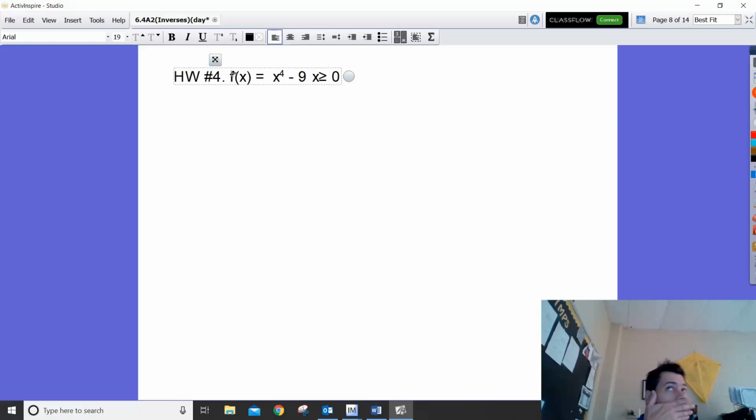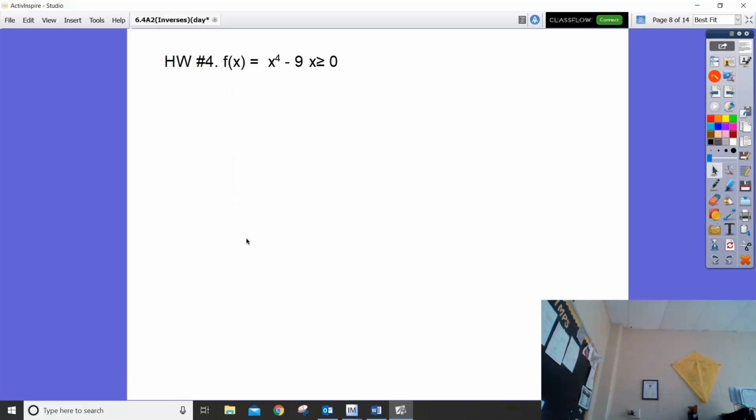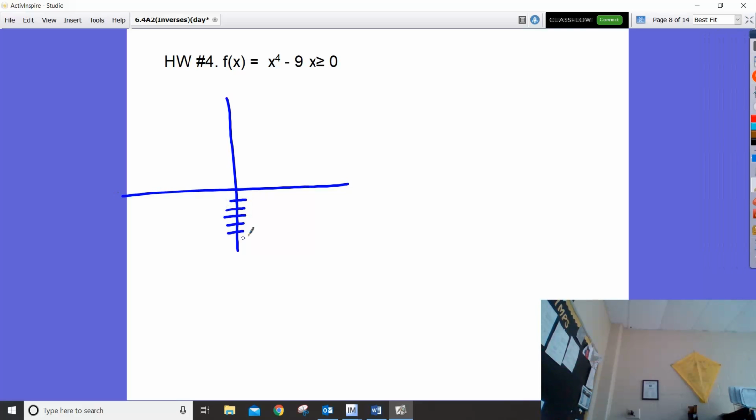That was number 4 on your homework. It had the provided x greater than or equal to 0. The reason that was there is because it forced only half of the graph to be drawn.